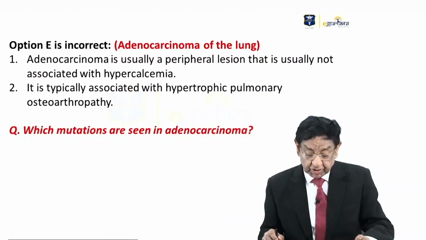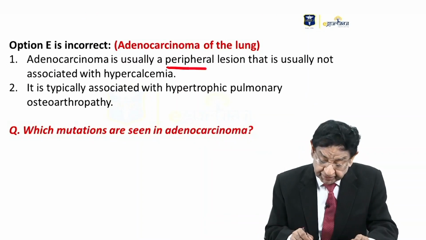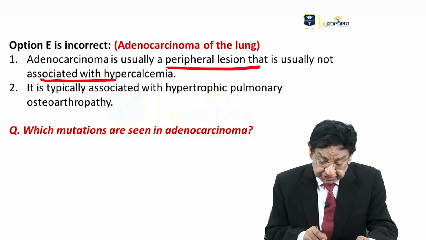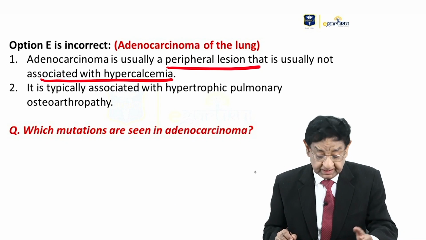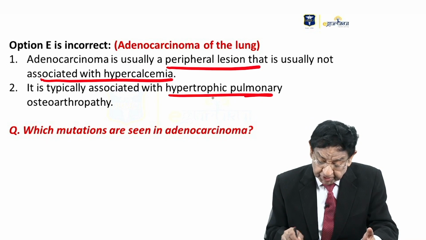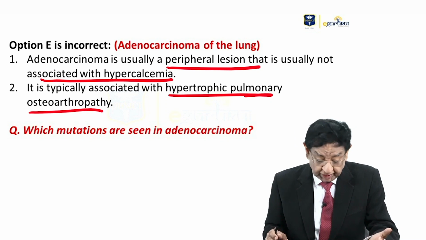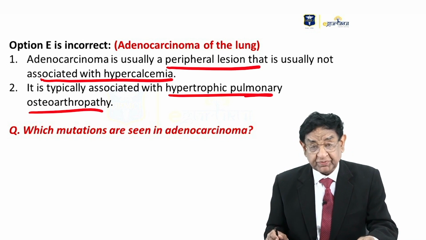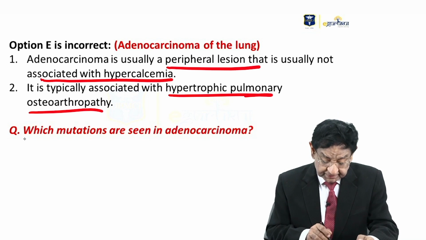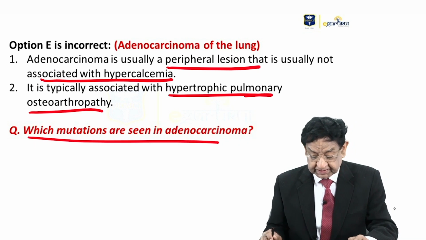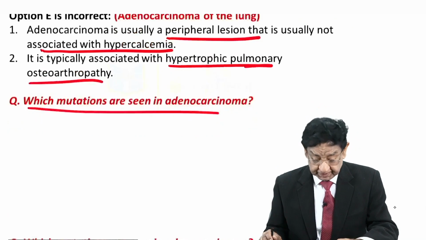What about adenocarcinoma of the lung? It is usually a peripheral lesion, not associated with hypercalcemia, and typically hypertrophic pulmonary osteoarthropathy. Well, again, a very universal question from immunology as well as pathophysiology as well as diagnostics: which mutations are seen in adenocarcinoma?